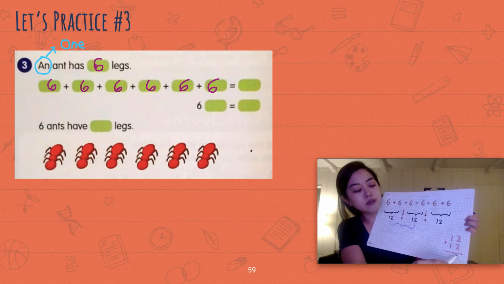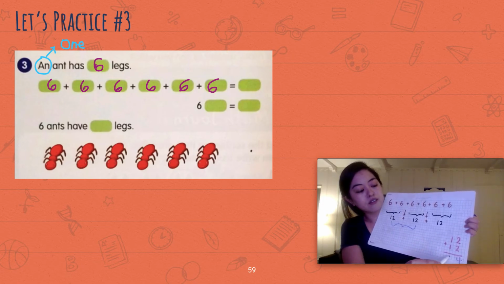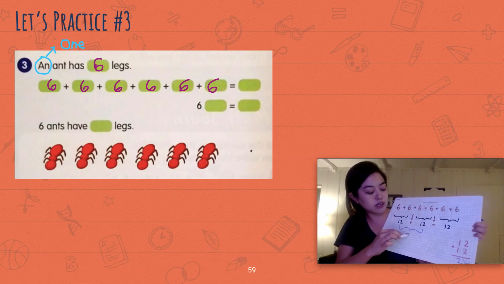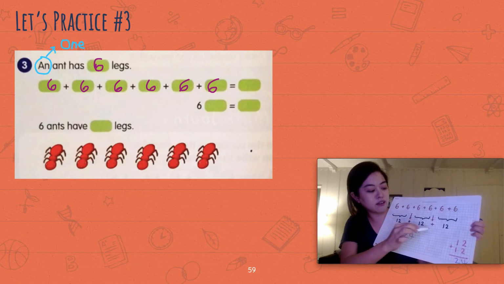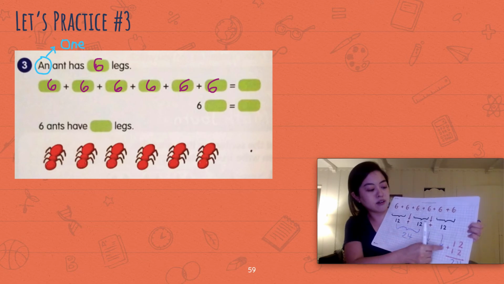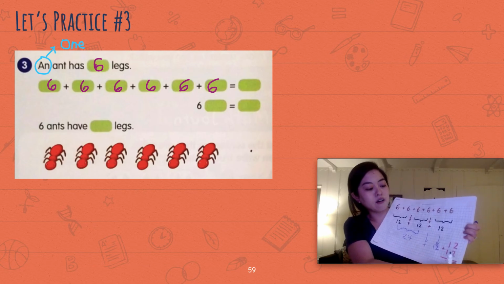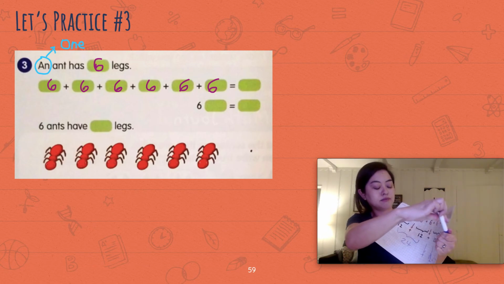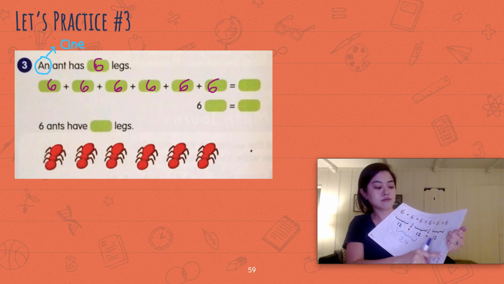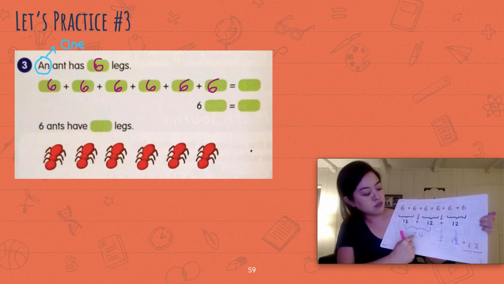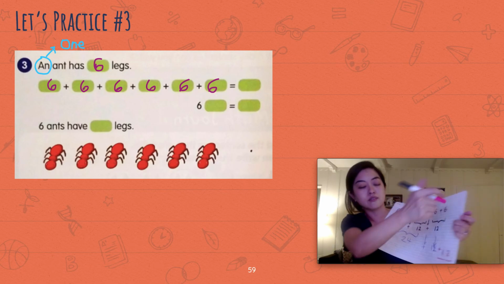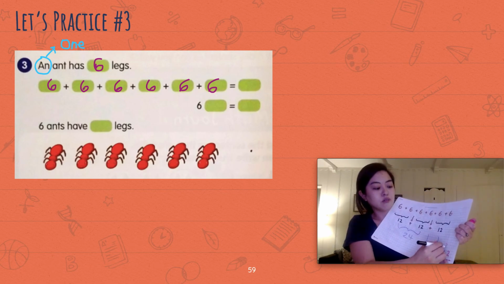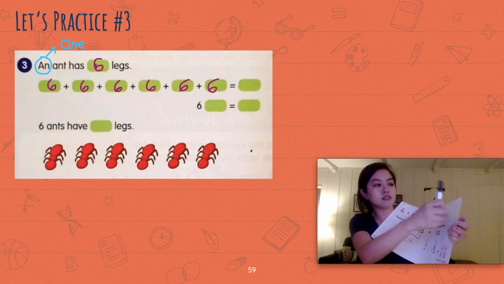So 2 and 2 make 4. 1 and 1 make 2. So this is 24. And then I'm going to bring down the plus sign, and I'm going to bring down the 12. Okay. And so now I have 24 plus 12.